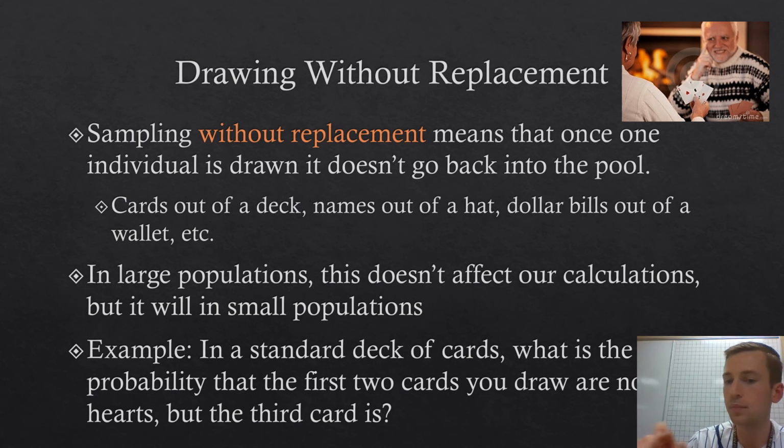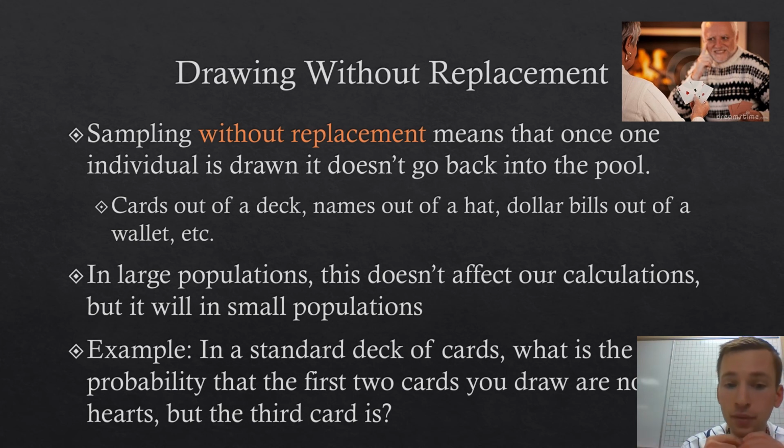If we take just one person out of there and don't replace them, that really does not have a significant impact on our overall denominator and therefore probability. So when it comes to large populations, drawing without replacement doesn't really have much of an impact. But if we're talking about a small population, that definitely has an impact. So if we're talking about 52 cards, take one out, that's significantly going to change our denominator there.